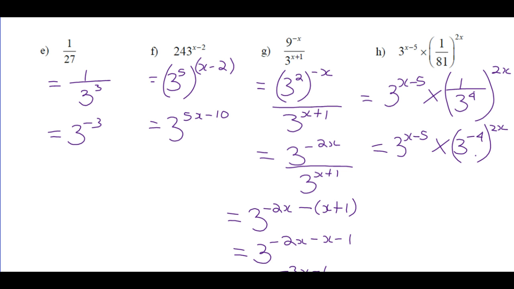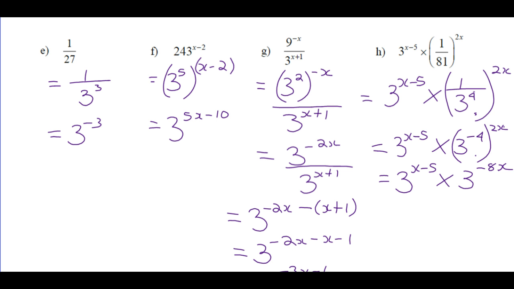So if I see a 3 to the 4th down here, I don't want this down here. I want to get it up top, then I make the exponent negative. Because now we can multiply, right? We've got power to a power. So this now becomes negative 8x. Now we have powers with the same base.